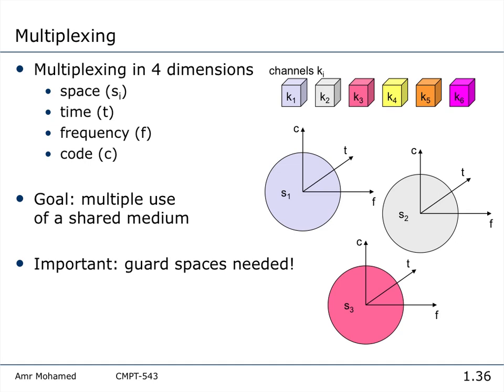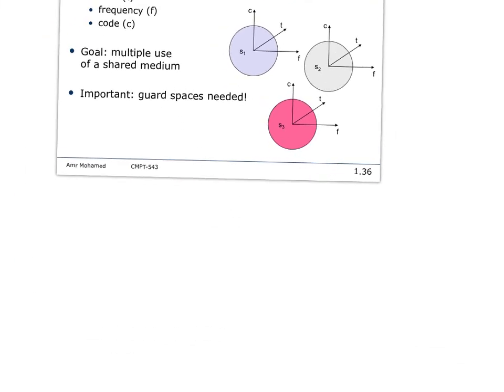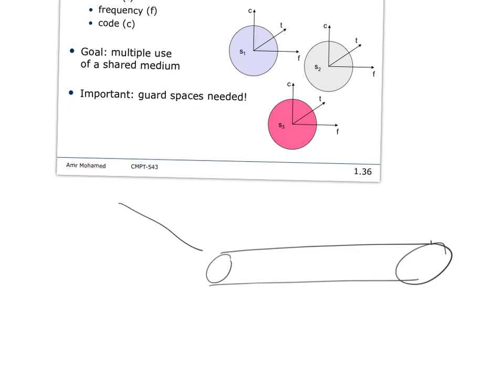Okay, so to continue the discussion, here we'll talk about multiplexing. And by multiplexing here, we mean the fact that we have a common shared medium, whether this common shared medium is wireless or wired. So in wireless, by default, the air is shared. In wired, we could have the same thing, where multiple users are sharing it.